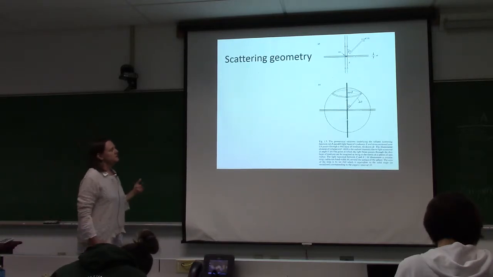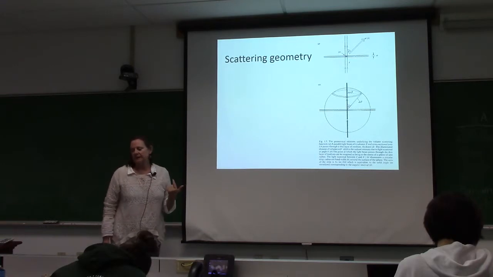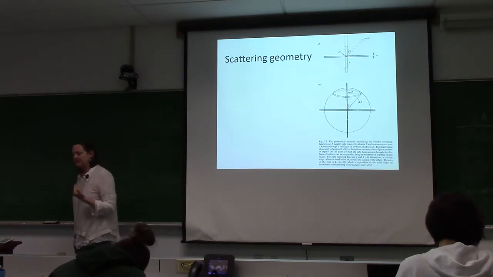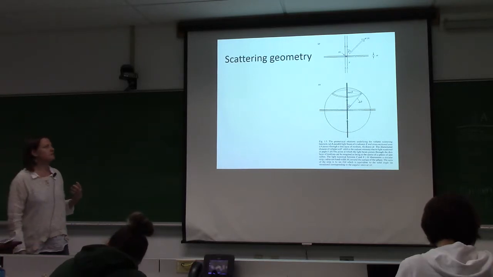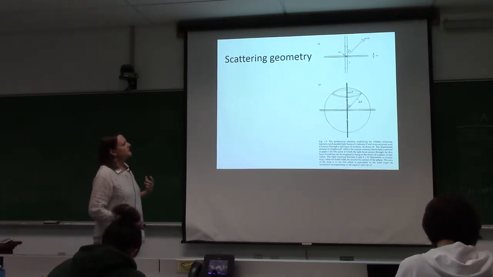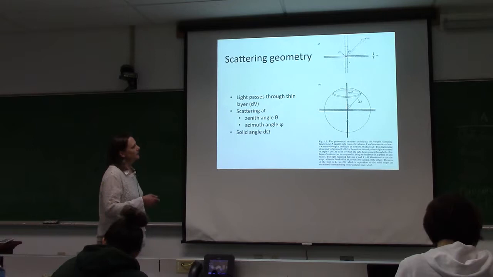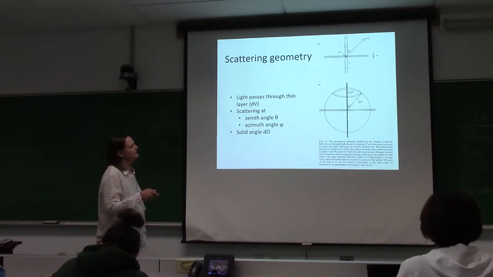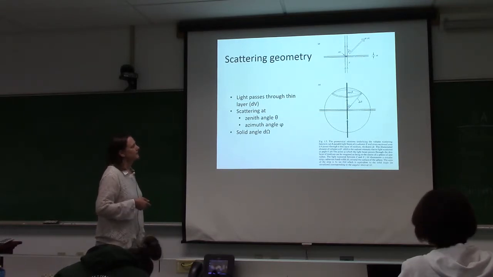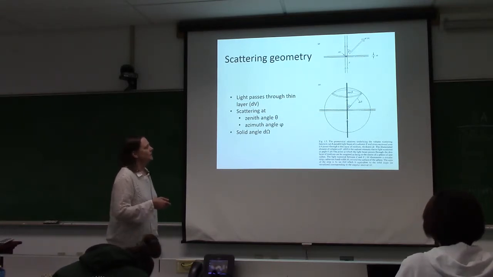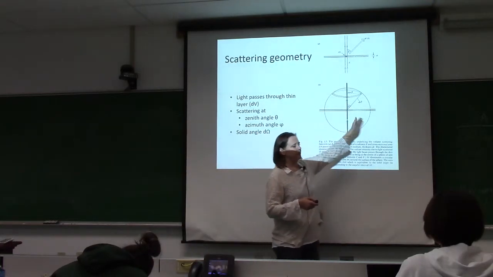Okay, so we have to think a little bit about the geometry of the measurements, or the geometry of the process. And so if we think about light passing through this thin layer, and we have scattering at some angle theta in this direction, we also have to think about it in a spherical sense.